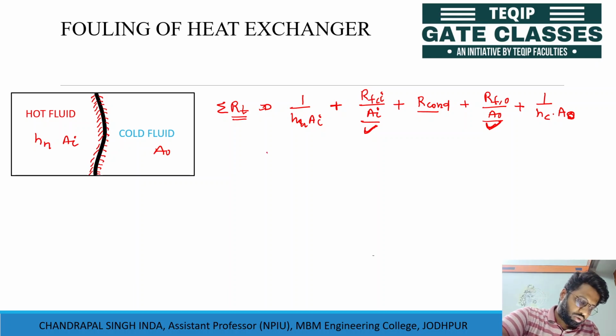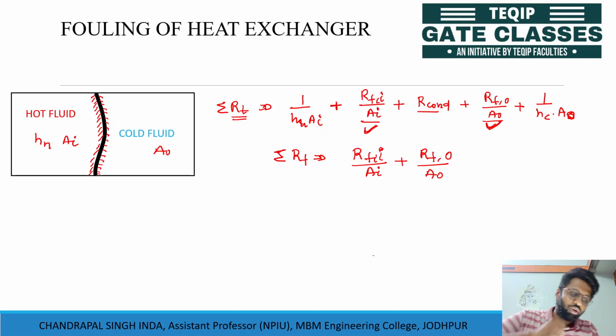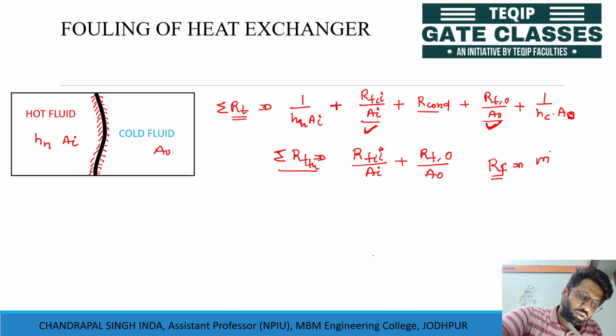So this overall can be represented as the total R_f, meaning total fouling resistance, equal to R_fi upon A_i plus R_fo upon A_o. The unit of R_f will be equal to the unit of R_th, and R_f will be in meter square Kelvin per watt.